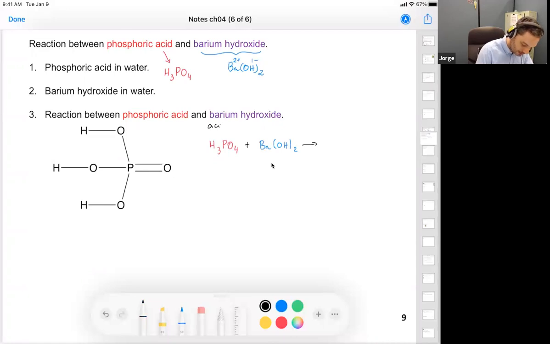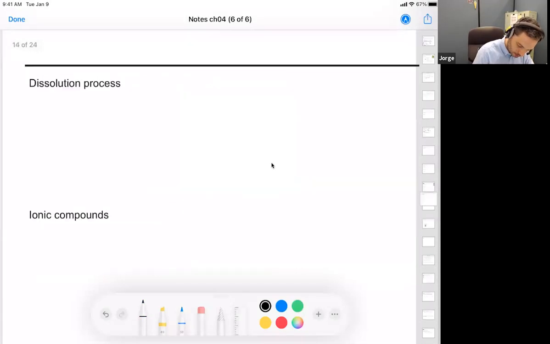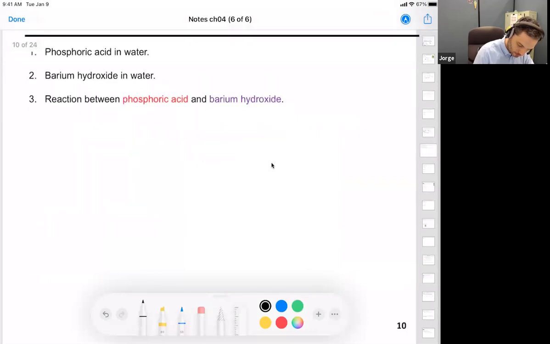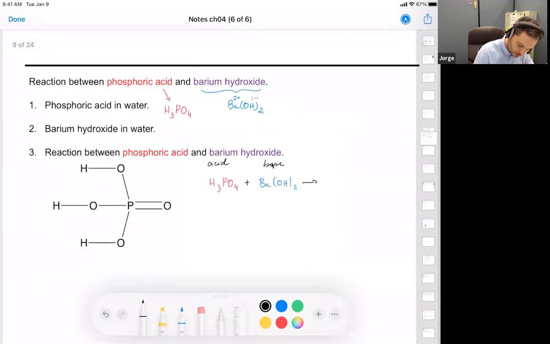Recognize that this is an acid-base reaction. The only two products formed in this kind of reaction are salt and water. There is no other products formed. And now attention here, because this is a little more complex.